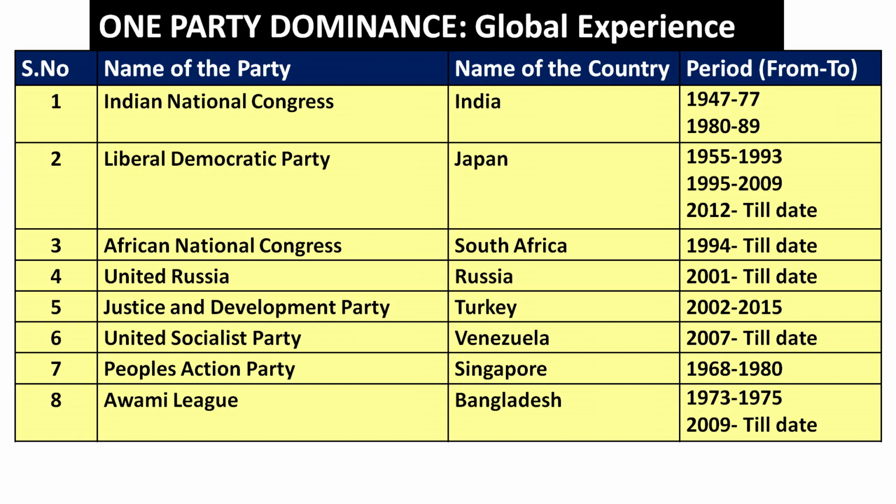Now, African National Congress in South Africa, it has remained in power from 1994, and Mr. Nelson Mandela was the first president, he was from African National Congress. And then United Russia in Russia, it is continuing in power since 2001 till date.